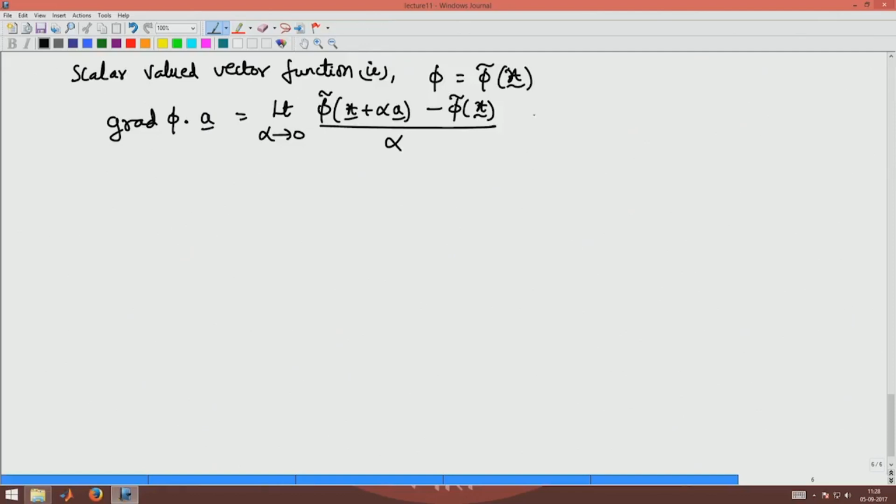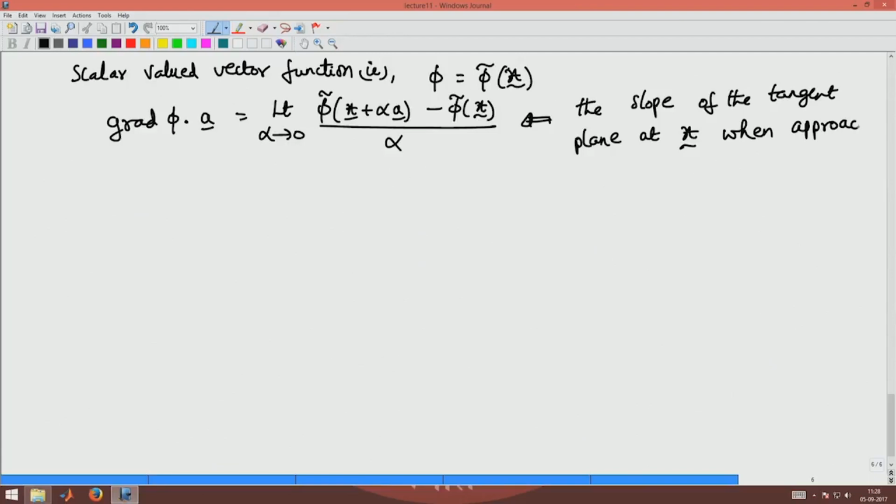What this means is the slope of the tangent plane at x when approached through the direction A.